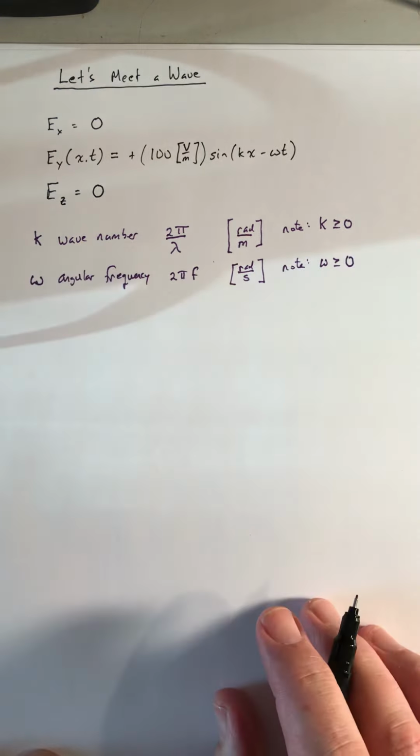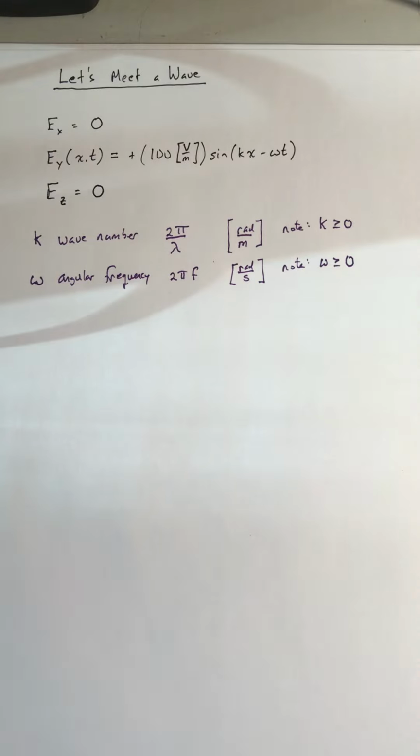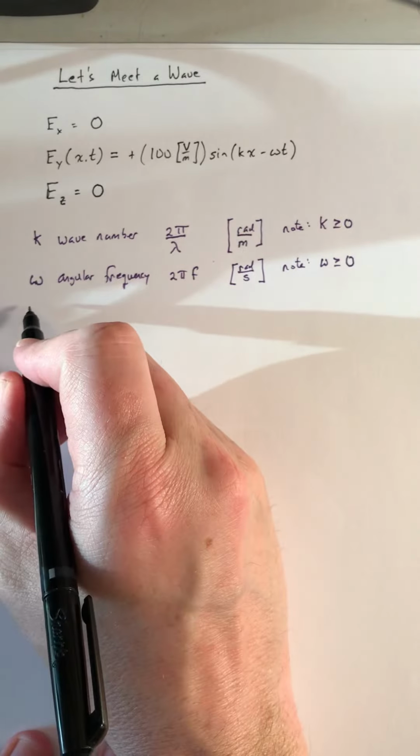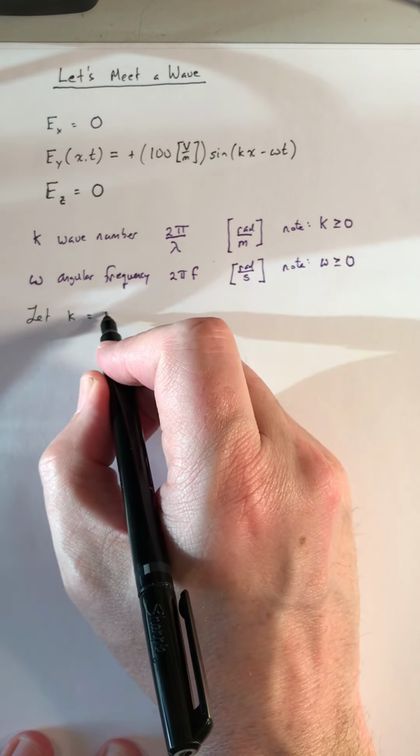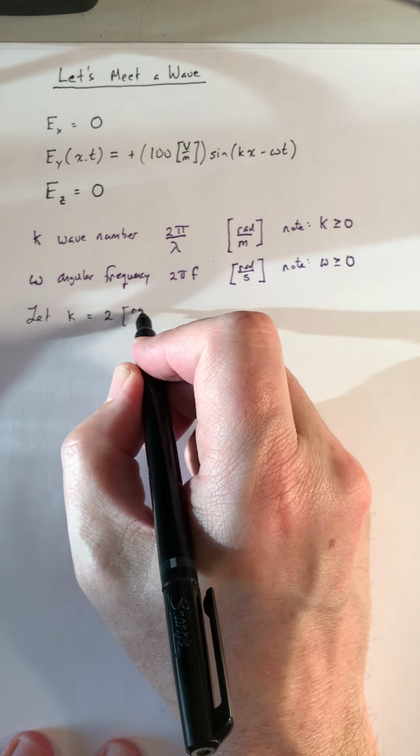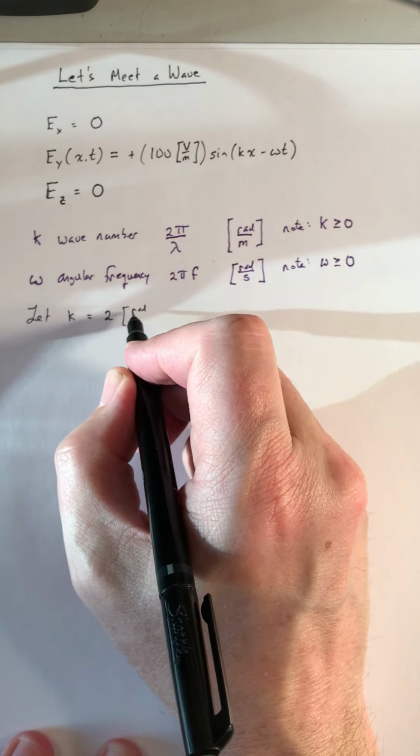So they're both positive. All right. So let's give k a particular value. Let k be 2 radians per meter.